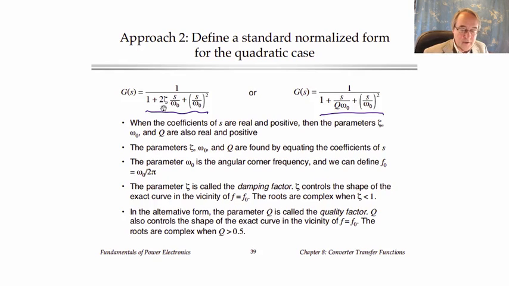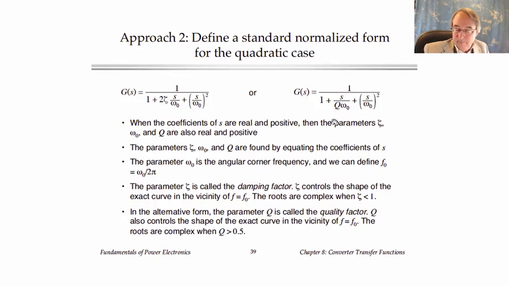The first one uses a damping factor called zeta here, this quantity, and the second uses a Q factor here. And you can use either form. In fact, just from equating the coefficient of s to the first power, apparently 2 zeta is the same as 1 over Q.